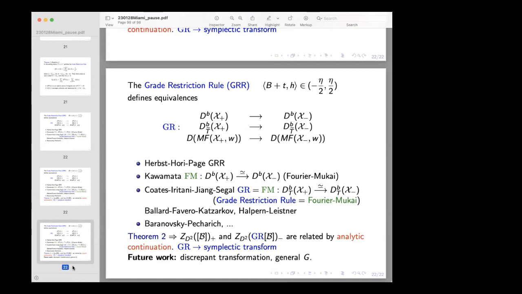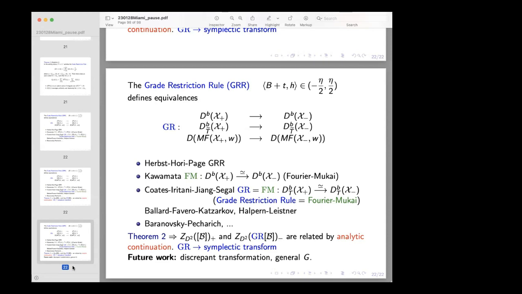Basically, this says if you take a brane and take the hemisphere partition function on the chamber C plus, and you analytically continue it, you get the hemisphere partition function of the image under this grade restriction rule, which induces an equivalence on the category of matrix factorizations, or T-equivariant coherent sheaves.